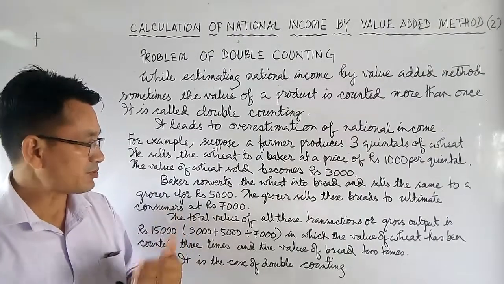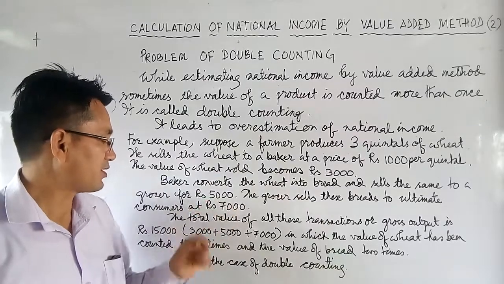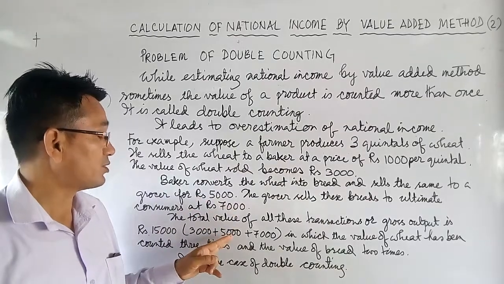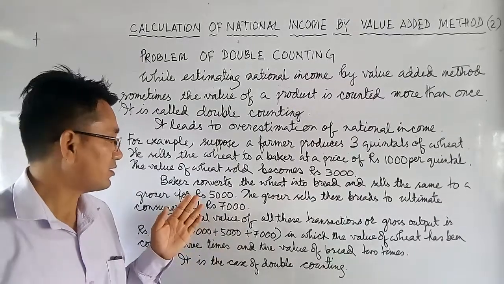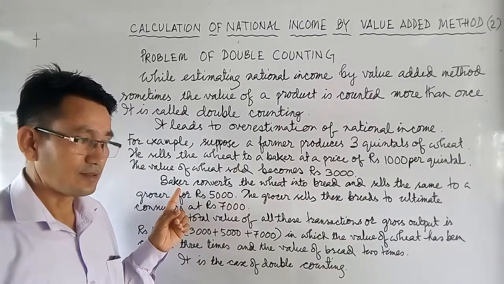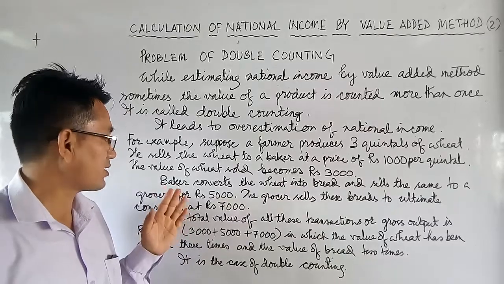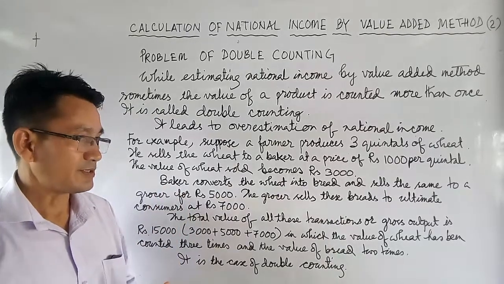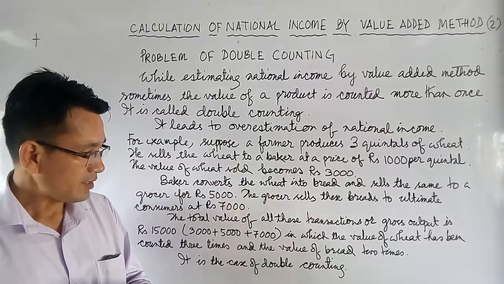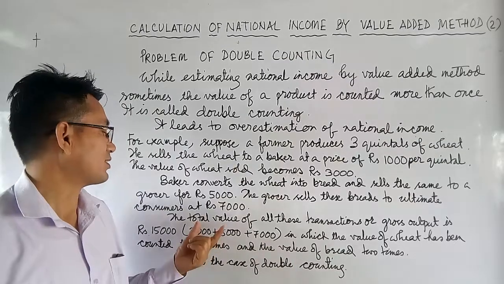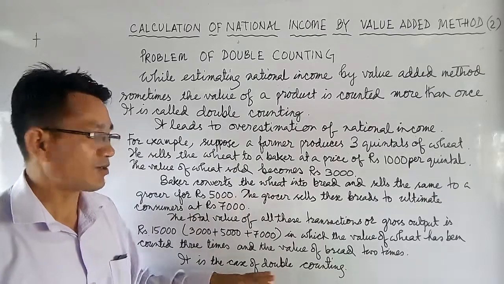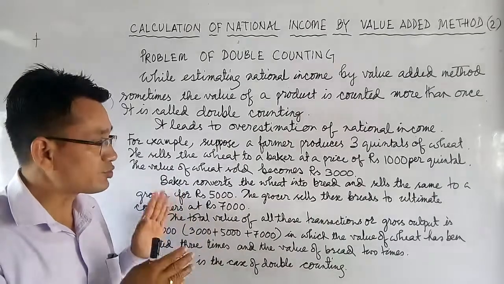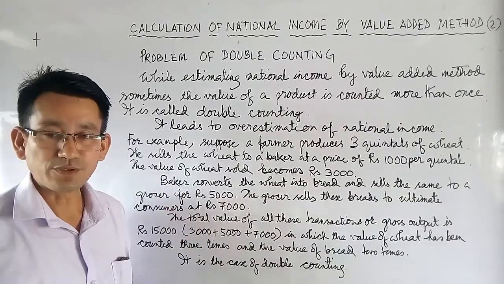The value of bread is also counted 2 times, as a product of the baker as well as a part of the product of the grocer. So this is called double counting. This is a clear example of double counting. I will show this in table form also.